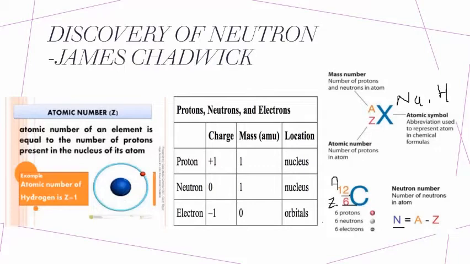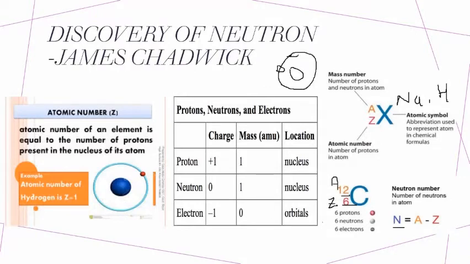This table here I have put up so that you can see the charge of the particles. The proton is always positive, that is +1. Mass is 1 and its location is the nucleus. The neutron has no electric charge, so it is 0. Mass is 1 and the location is the nucleus. Protons and neutrons are combined here, and in this other big circle there are electrons present.